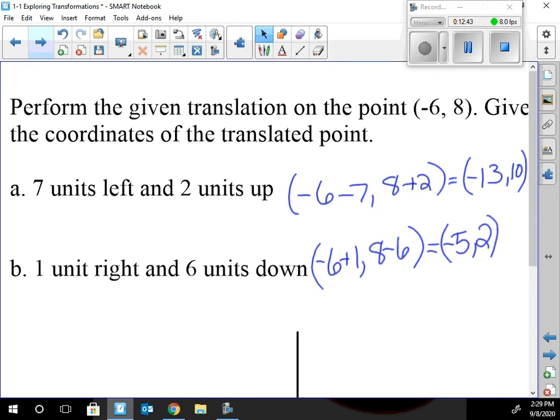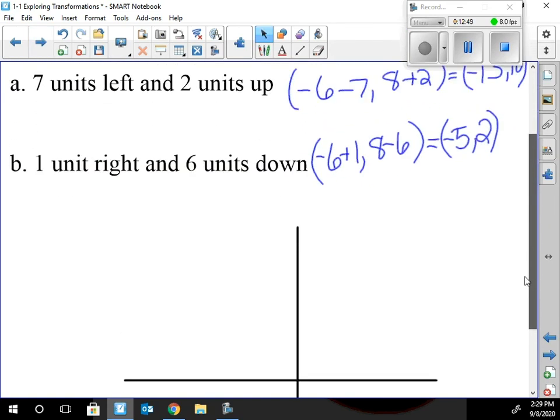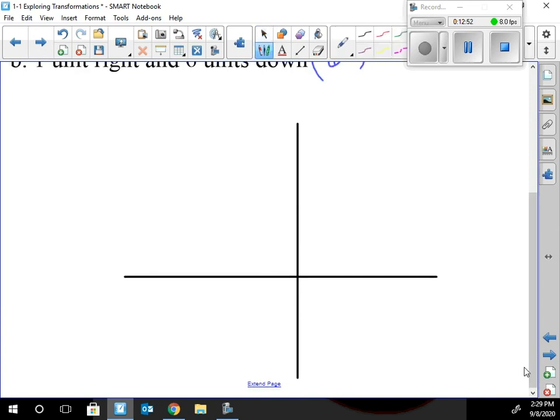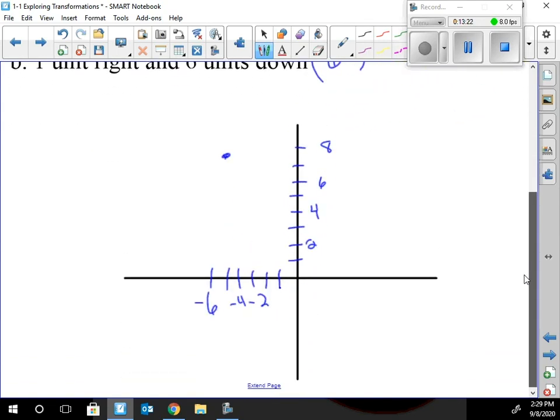If I wanted to check my work, I could scroll down and plot my original point. -6, 8 would be here. So that would be my point -6, 8. Go 7 units left.